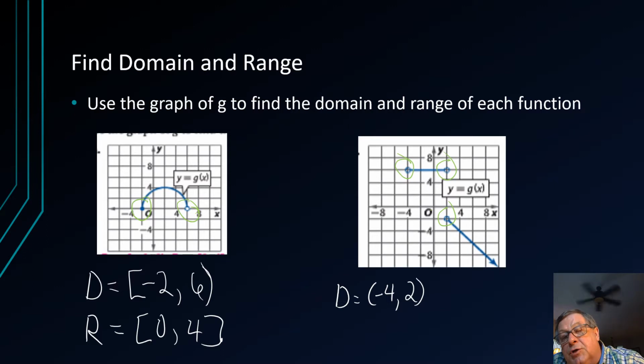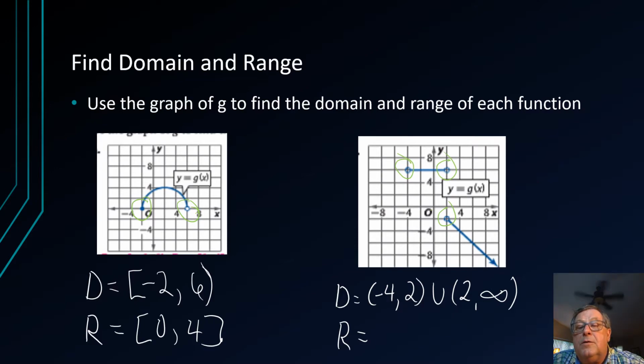And then that is in union with, parenthesis, 2 to infinity, also parenthesis. Now let's focus on our range, our values of y. Well, up here at the top, y equals 6, 2, 4, 6, and it equals that, so I would put that in brackets.